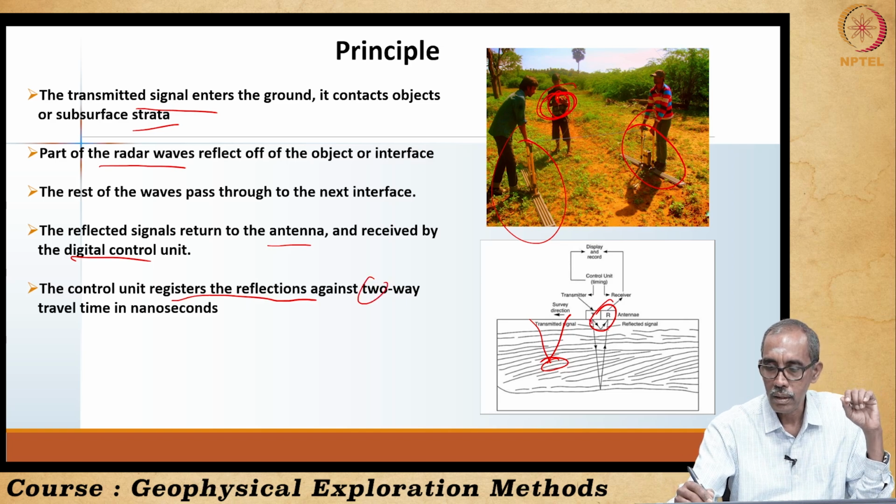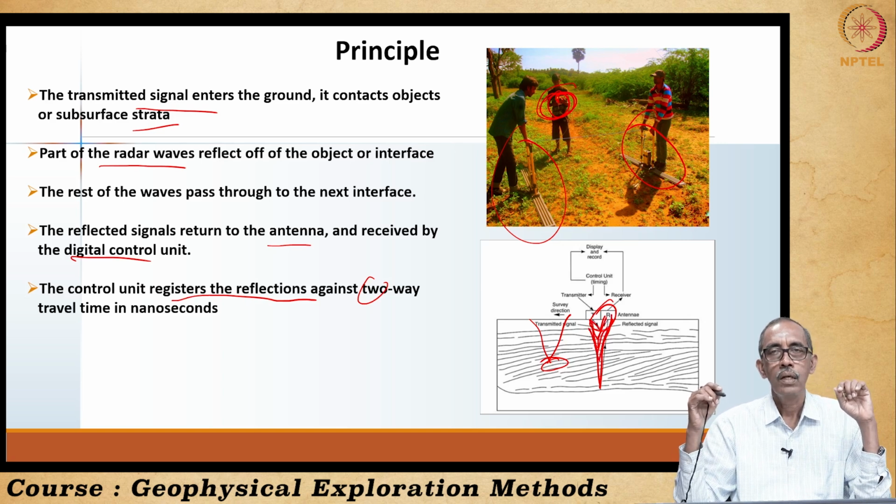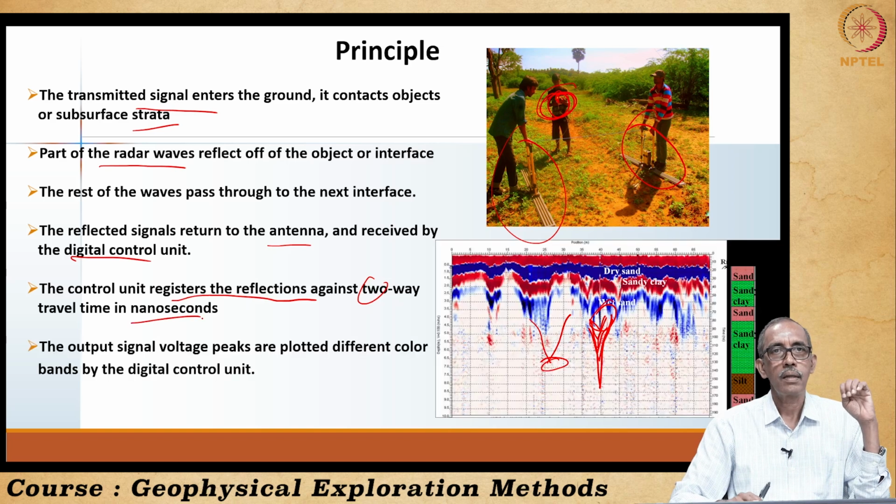This is the transmission, the waves get reflected back, and the arrival times are recorded. Similarly, from several objects and interfaces, the waves are getting reflected back. So, it measures the time in nanoseconds, right.